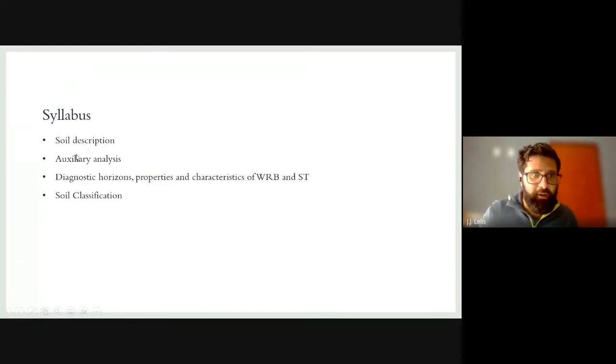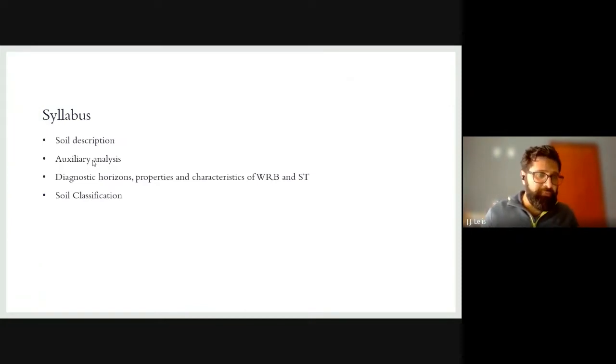The second topic is about some analyses that we can do in a lab to evaluate if the soil classification is correct and to measure some properties that are quite important to understand soil and the landscape.